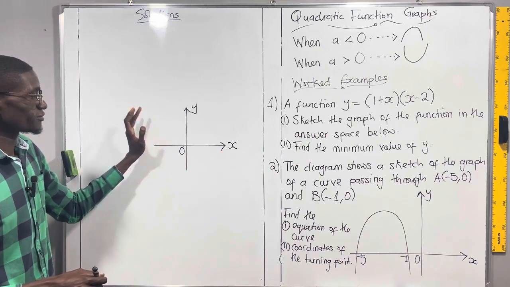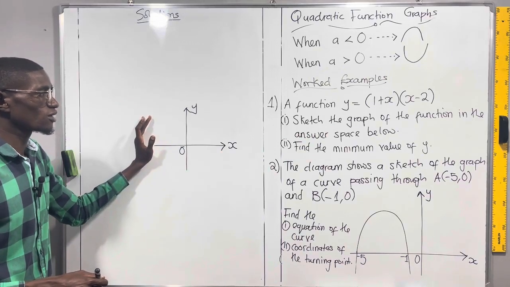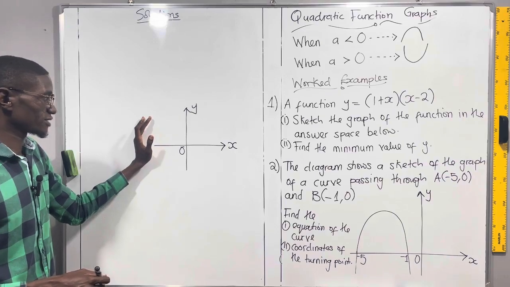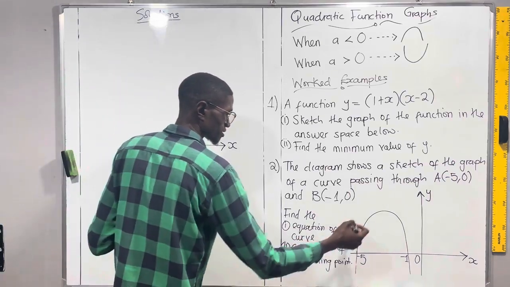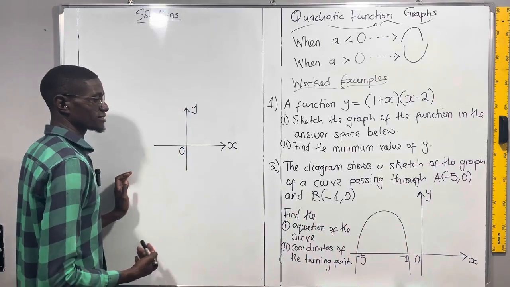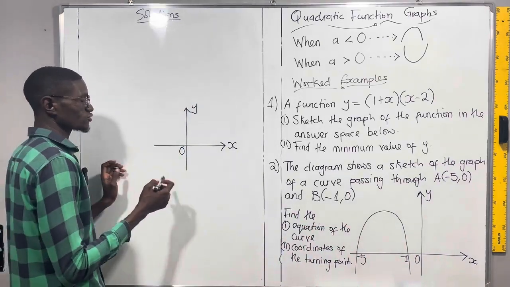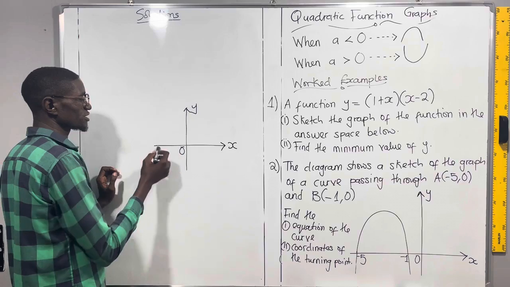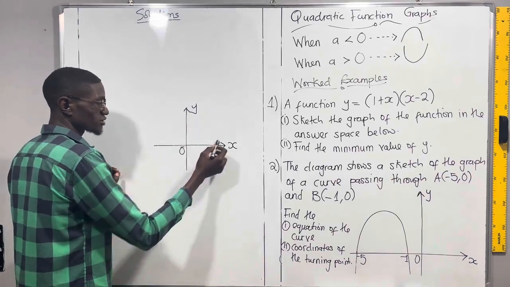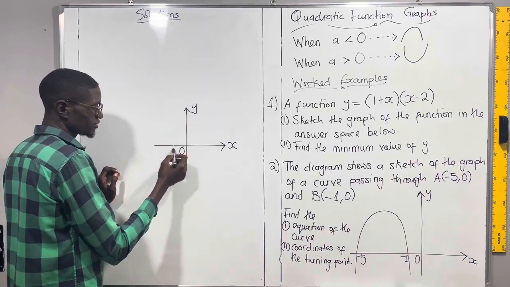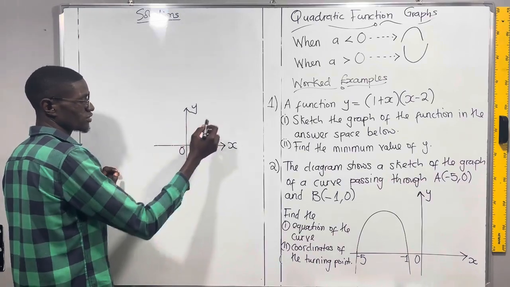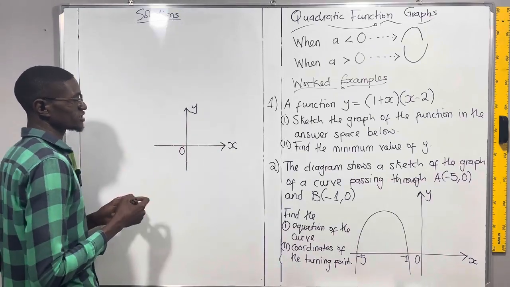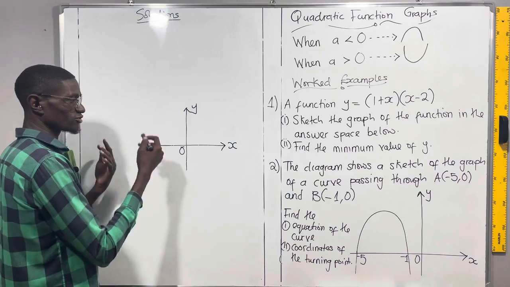Before you draw the graph, you need to determine a few things, because as you can see, there's this graph here which is just on the left side of the x-axis in the negative region. So you need to know, is my graph going to be in the negative region? Is it going to be in the positive region? Is it going to cut through the positive and the negative region? Is it going to be a smile? Is it going to be a frown?